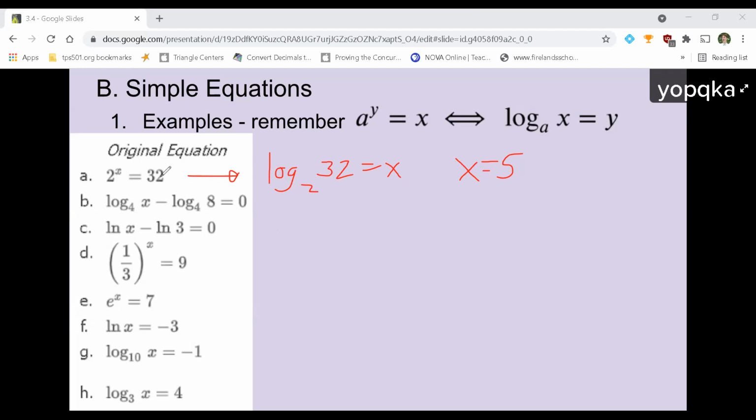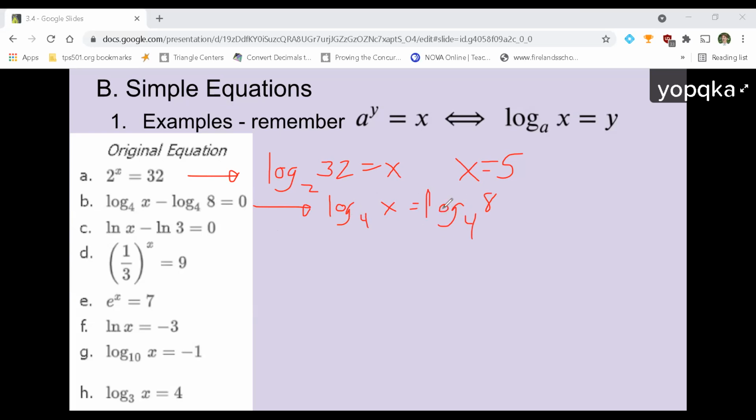Okay, the other rule that you need to remember to do these is the one-to-one property. So for the second one, I could rewrite this as log base 4 of x equals log base 4 of 8. If I just move this to the other side, add the log base 4 of 8 to the other side, you get that?